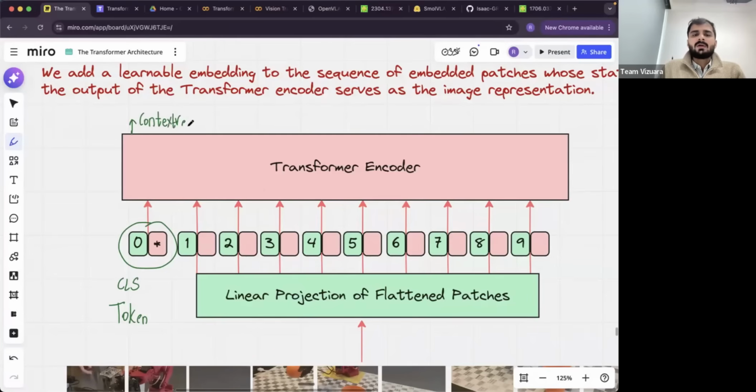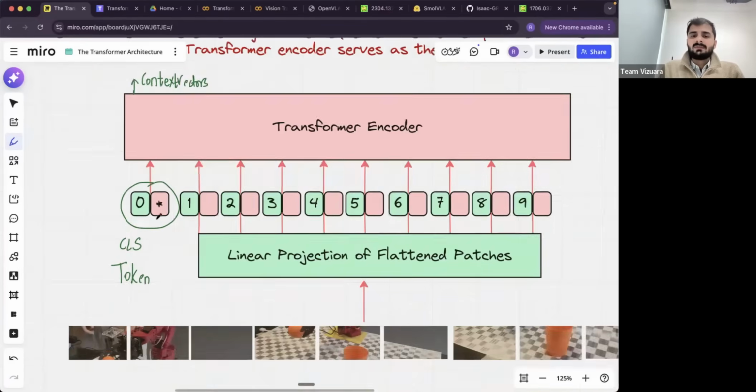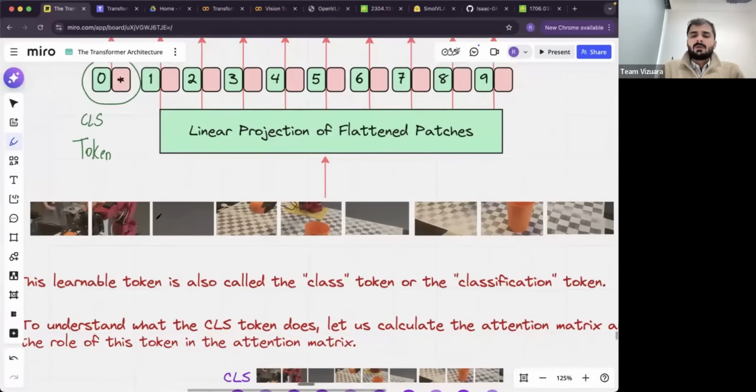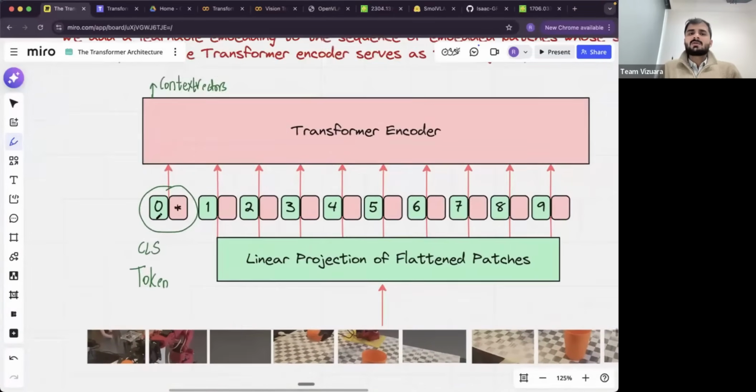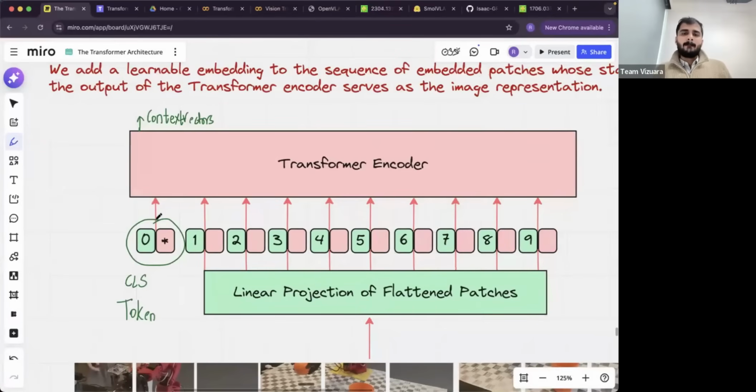We do not look at the context vectors for any of these tokens. We only look at the context vector of this token which you have added. And this learnable token is also called the class or the classification token. Now you might be thinking, okay, this is fine, but then is all this computation going to waste?